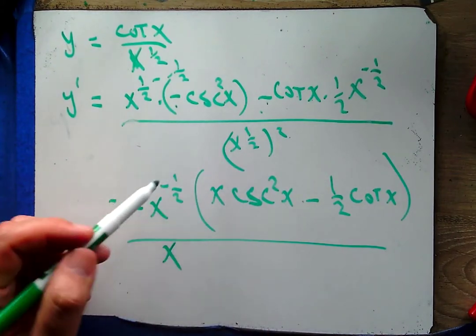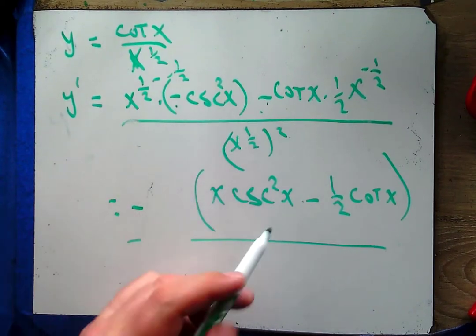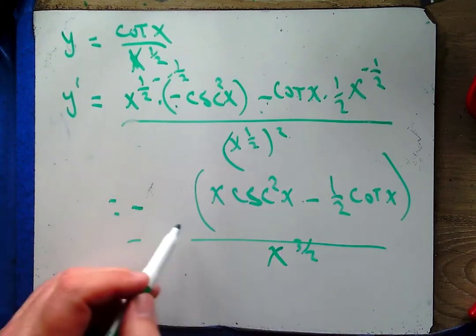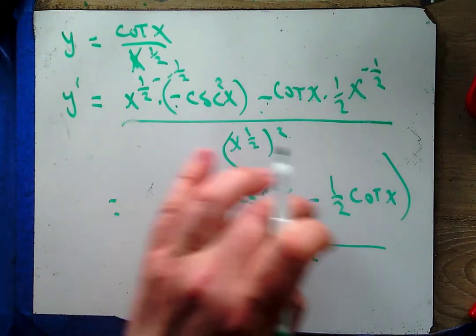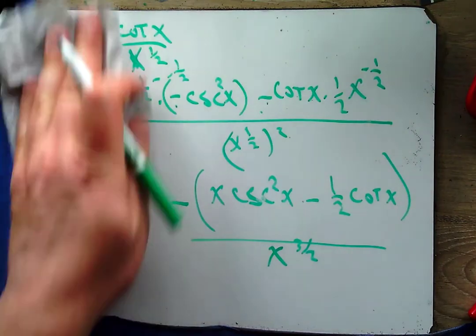You could simplify this and turn it into x to the 3/2 on the bottom. But that's about all I can do. I really wouldn't want to have to set that equal to 0 and try to solve on my own.